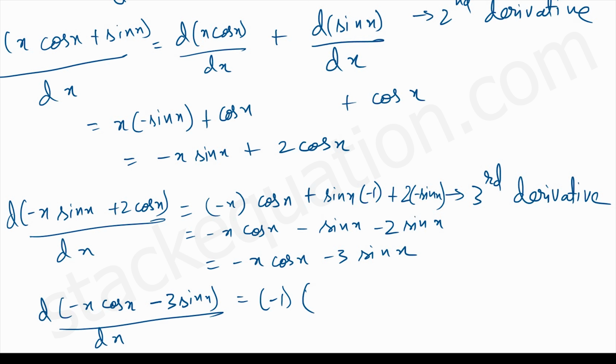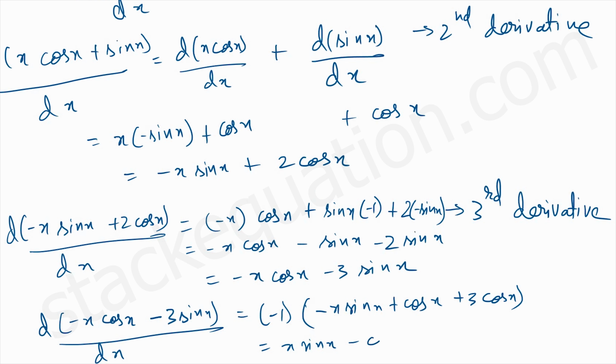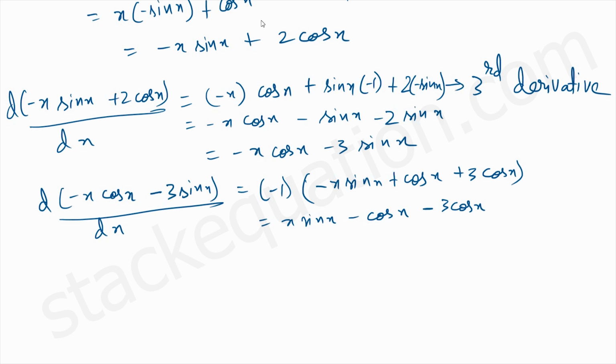X cos x differentiation we saw here, so it's minus x sin x plus cos x, and differentiation of sin x is cos x, right? So x sin x minus cos x plus 3 plus minus 3 cos x, right? This is our fourth derivative.